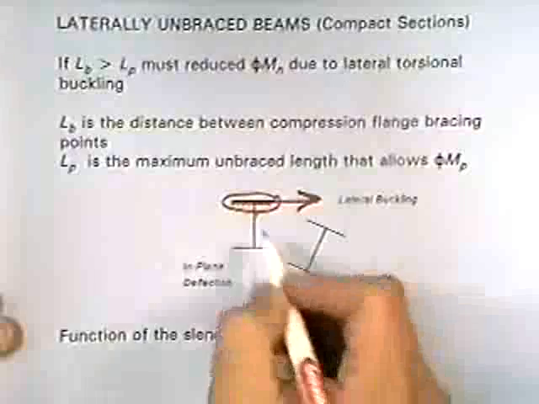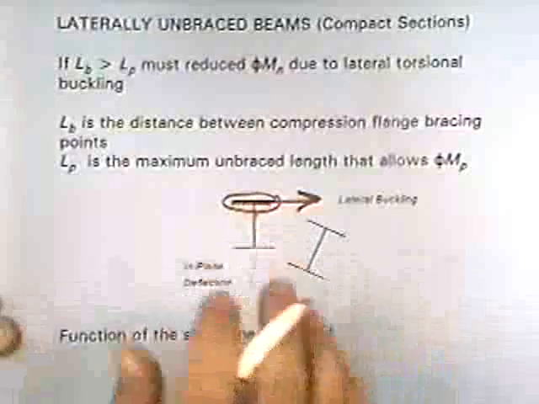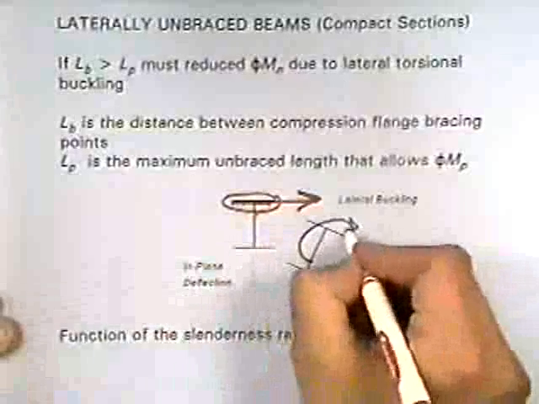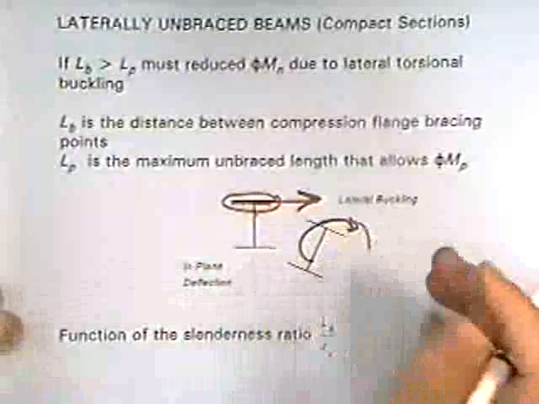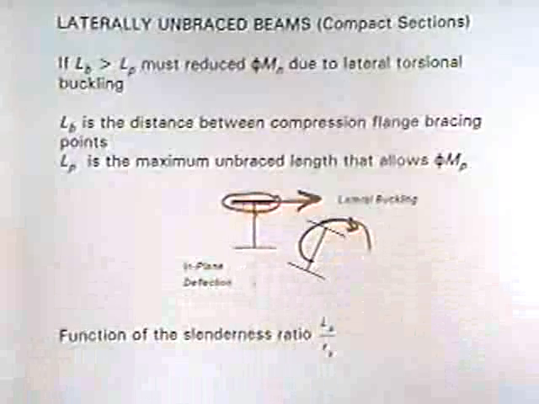As it buckles out, it pulls the whole cross section with it. It twists around, and the load kind of slides off, and you get failure. So we've got to guard against lateral torsional buckling. Now, we can measure that by a slenderness ratio. We don't really use this, but it's the unbraced length divided by the radius of gyration about the weak axis.